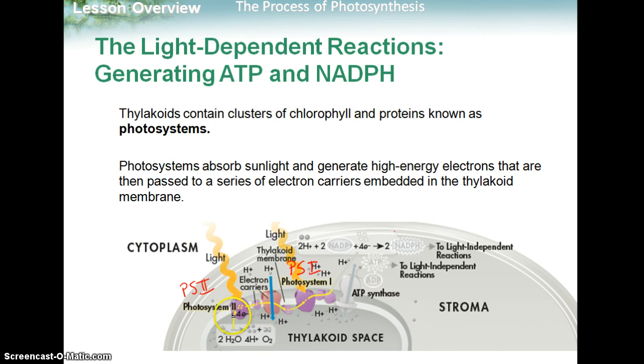You can imagine this being the train track, and our electrons are going to move along that train track. Sometimes I will use the abbreviation ETC, which means electron transport chain.